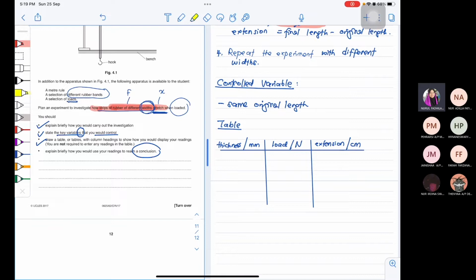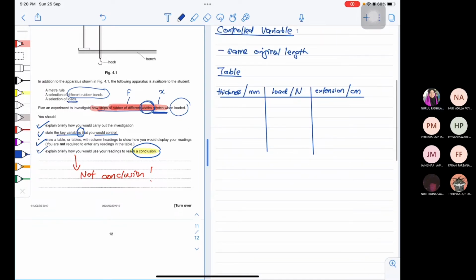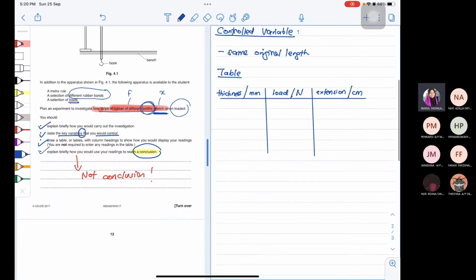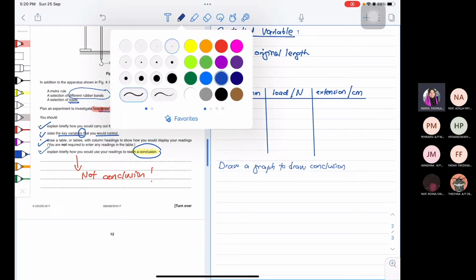Explain briefly how you would use your readings to reach a conclusion. As I said many times before, it says explain how you reach the conclusion. Does it want the conclusion? No. The question does not want the conclusion. It wants how you reach the conclusion. How? Actually, to draw a graph, to draw a conclusion. Draw here is not drawing literally, it means to make a conclusion.